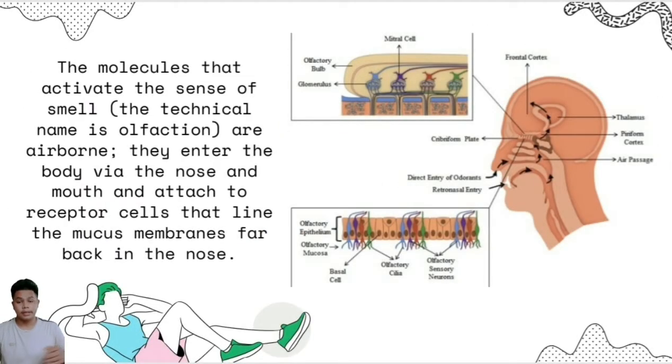The molecules that activate the sense of smell, technically named olfaction, are airborne. They enter the body via the nose and mouth and attach to receptor cells that line the mucous membranes far back in the nose. In humans, there are millions of such cells altogether, but only several hundred, about 400 is a good estimate, different types of olfactory receptors.